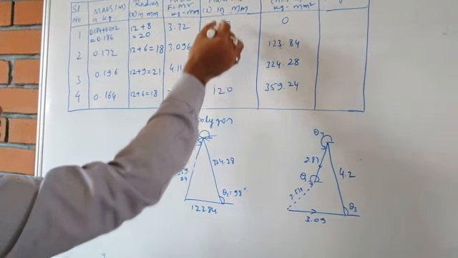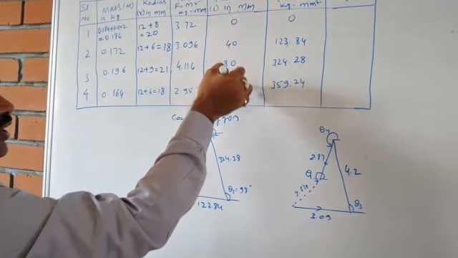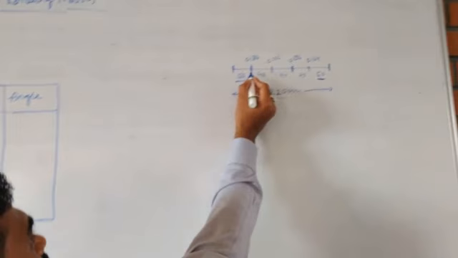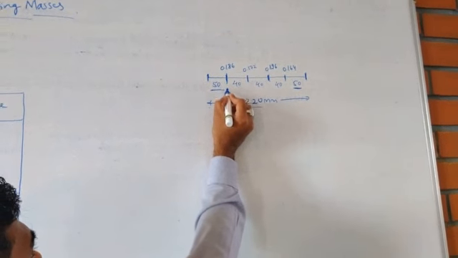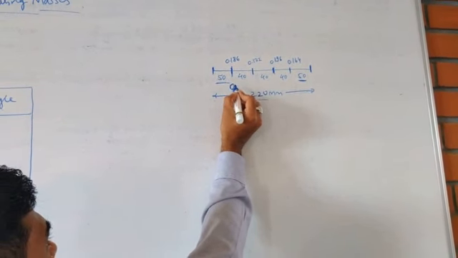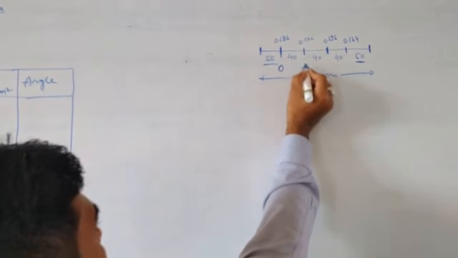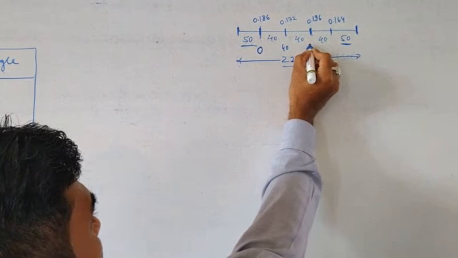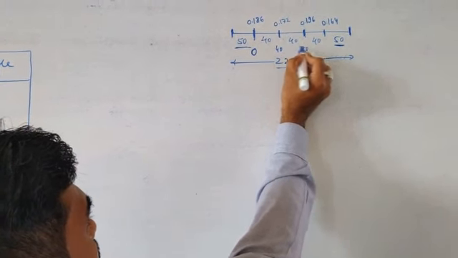So this is how these values are written: 0, 40, 80 and 120. I will show it on the figure also. If you consider this mass as reference, it is 0. The second mass is at a distance of 40. The next mass is at a distance of 80.